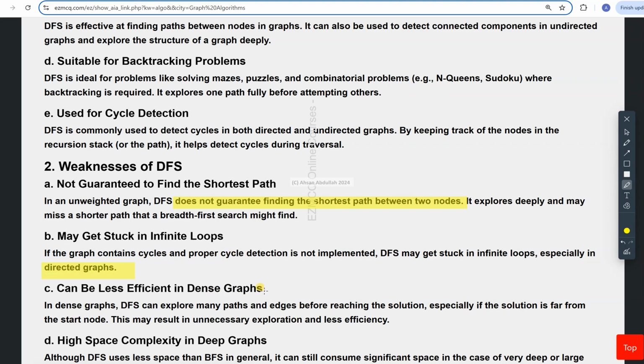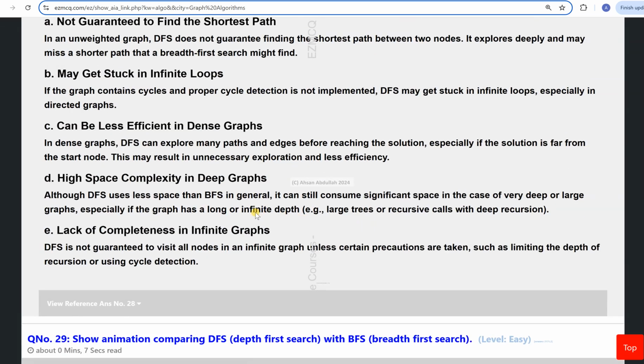It is not very efficient for dense graphs, with unnecessary exploration and less efficiency. It has high space complexity for deep graphs. Deep graphs means that the distance from the leaf to the root is very high. And then of course, there is a lack of completeness in infinite graphs.